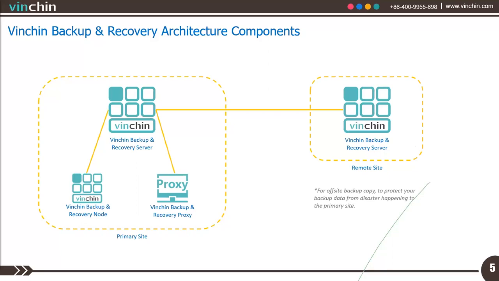As for backup proxy, it is dedicated for VMware vSphere infrastructure. I will introduce the backup proxy later. Both Vinchin Backup Node and proxy are optional components. If your backup infrastructure needs these two components, they are free of charge. You don't have to pay extra license fees for them.